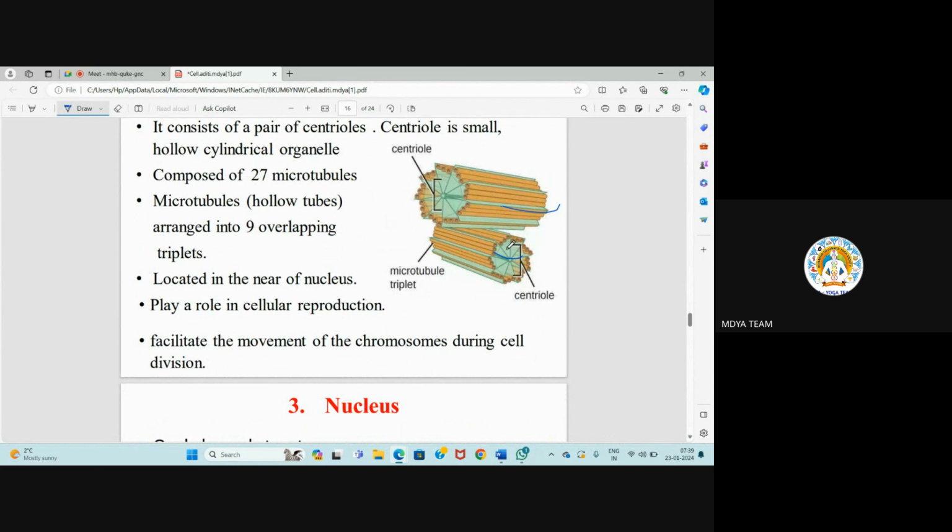When cell division occurs, these centrosomes are responsible for the shape of the new cell too. So located near the nucleus, they play a role in cellular reproduction and facilitate the movement of chromosomes during cell division.